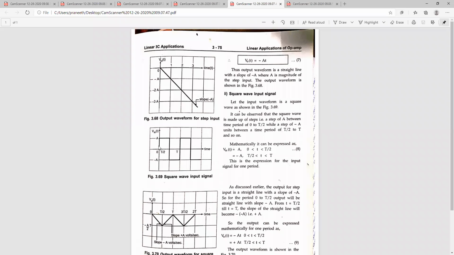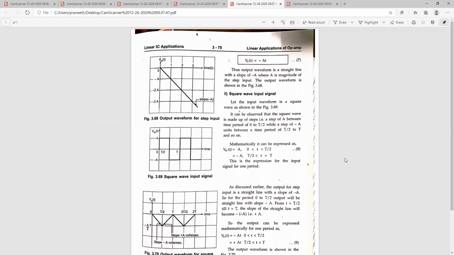If you look at the figure, as this is a square waveform, one part of the interval is varying from 0 to T by 2, and the other interval is varying from T by 2 to T. Yes. So as usual, my input voltage is considered to be A here. So from 0 to T by 2 it will be A, and from T by 2 to T it will be minus A.